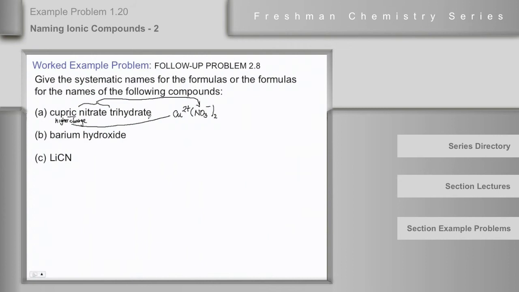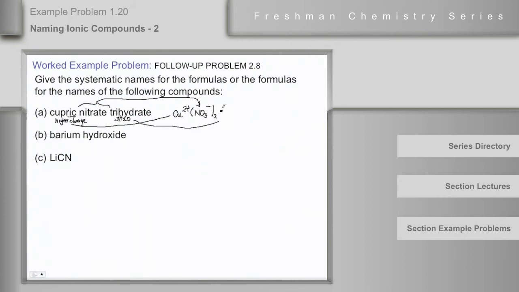So the last thing we need to consider is the statement at the end here, trihydrate. Trihydrate means there are 3 waters of hydration associated with the formula. So each one of the formulas, cupric nitrate, will have exactly 3 waters of hydration.